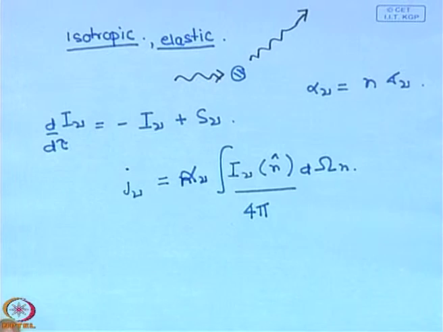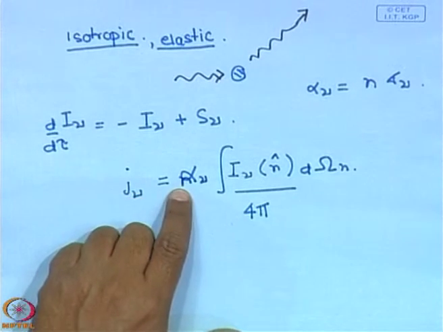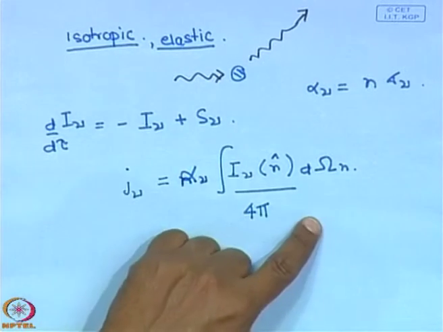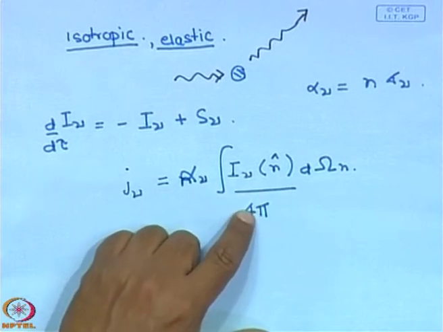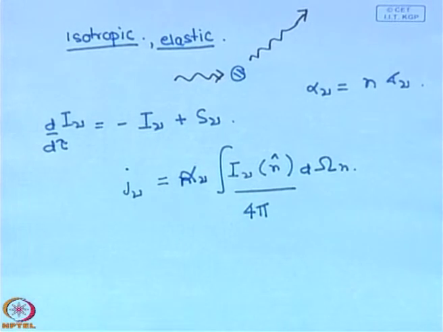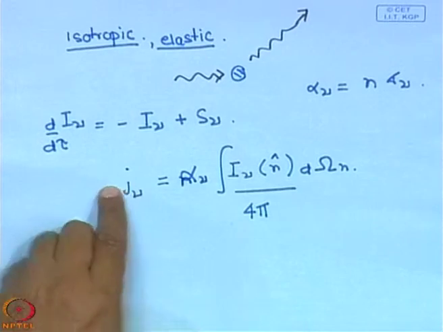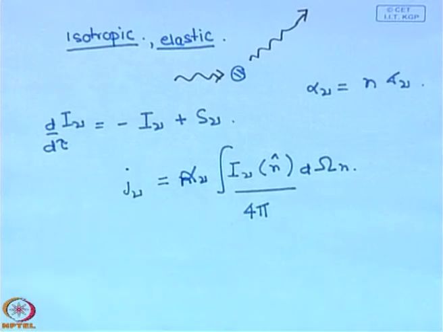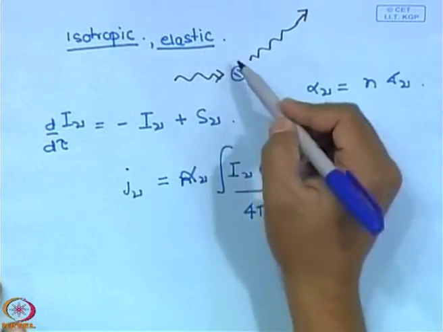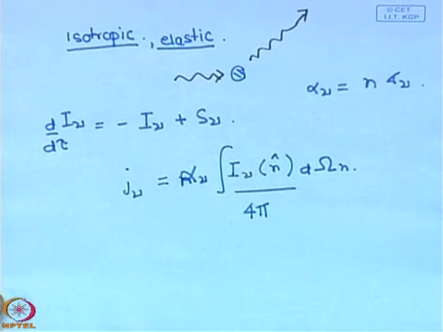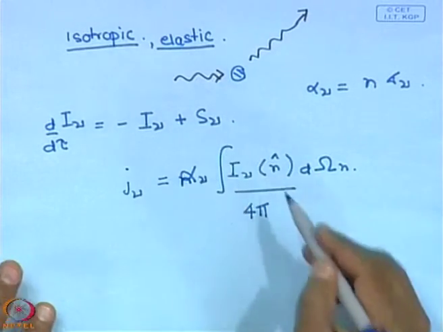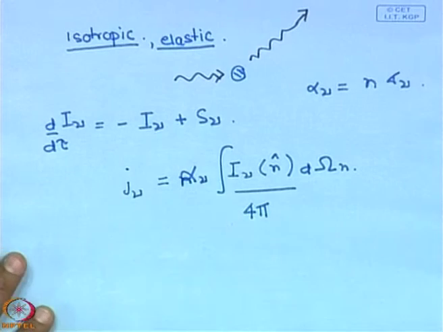So, the emission coefficient is the absorption coefficient times just this factor, right. The radiation that is incident gets scattered into different directions, that is all. So, if you put in that fact, the emission coefficient and the absorption coefficient are related like this. The incident radiation from all directions, you average over that, and then it gets randomly distributed over 4 pi.